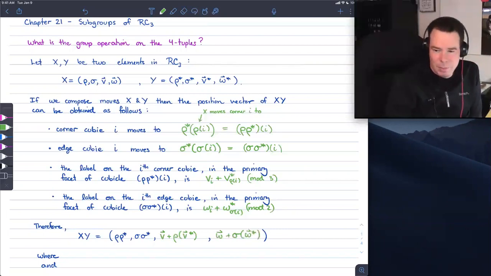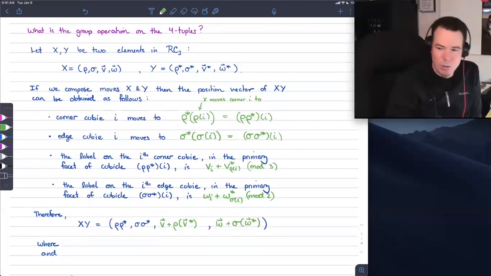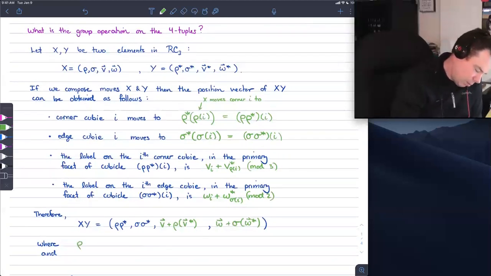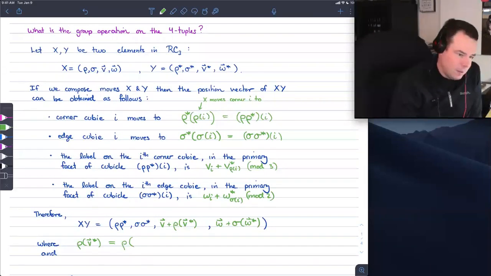What do I mean by rho V star? So that's a permutation acting on a vector, where the vector is V1 star, V2 star, all the way up to V8 star.